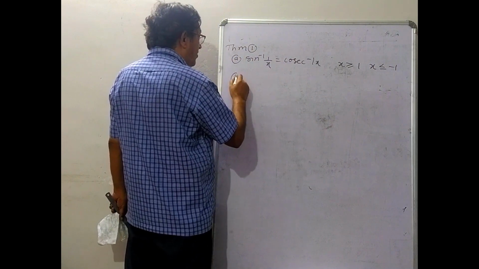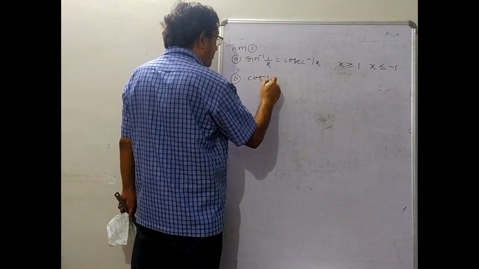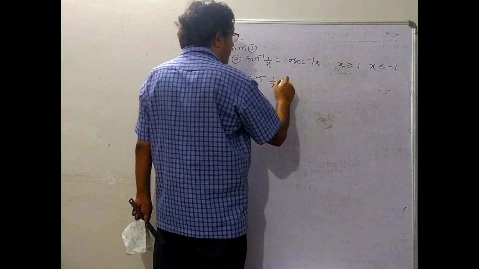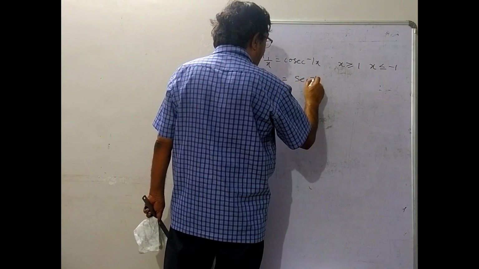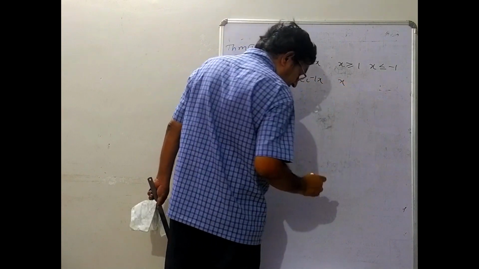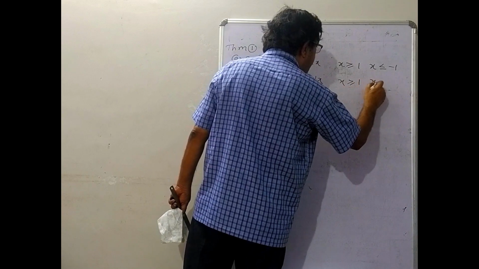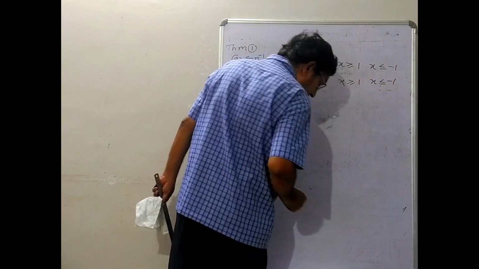Second part is cos inverse of 1 upon x is equal to sec inverse of x, where x is again greater than or equal to 1 or x is less than or equal to minus 1.